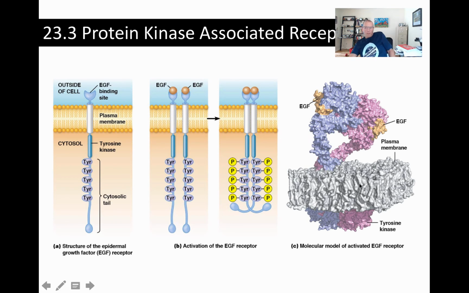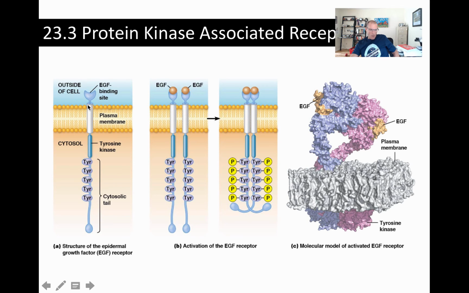So receptor tyrosine kinases are often a single polypeptide with just one transmembrane segment. So here is the whole receptor. You can see there's an external domain, there's the transmembrane domain, and then there's a tyrosine kinase domain, and then there's this large carboxy terminus cytosolic tail.